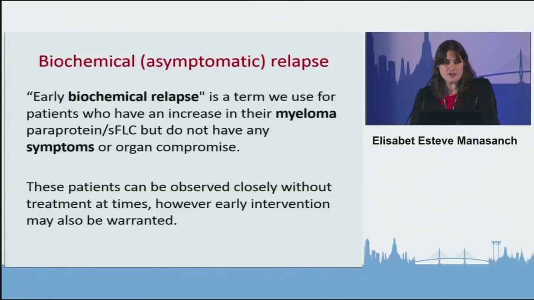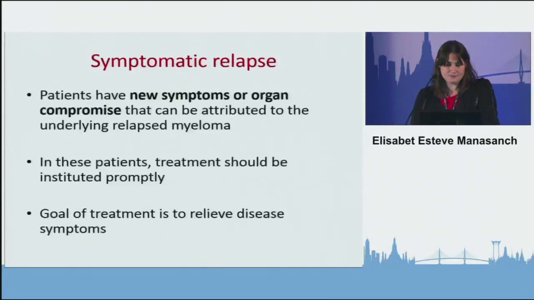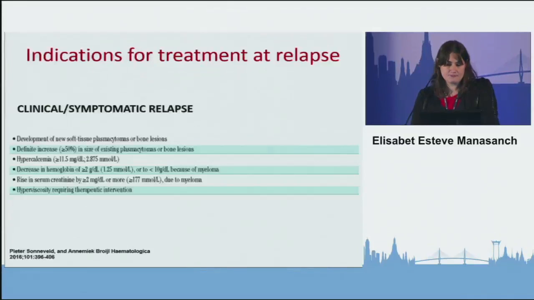However, early intervention may also be warranted, and we'll see in what situations we may consider intervening in these patients. Symptomatic relapse occurs in patients that have new symptoms or organ compromise that can be attributed to the underlying relapsed myeloma. And in these patients, treatment should be instituted promptly. The goal of this treatment is to relieve the disease symptoms.